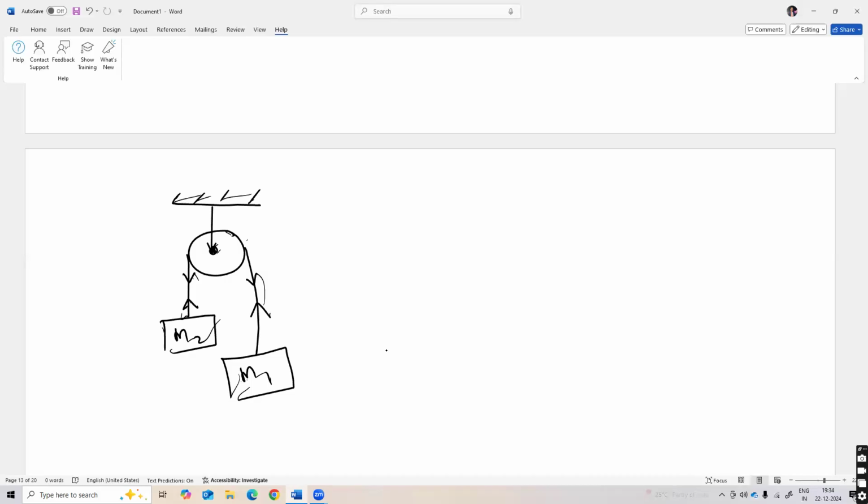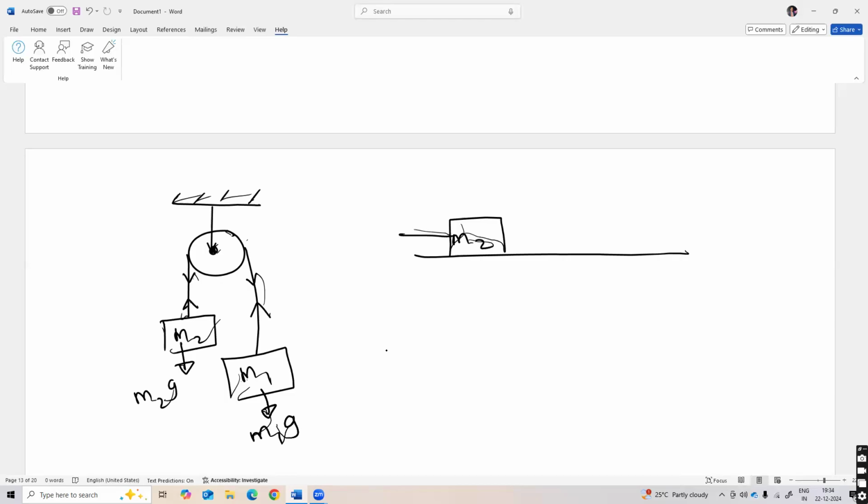And we know that the weight of this is acting downwards. This was M2G, the weight of this was acting downwards, M1G. So this was a single pulley system with two masses, so you can directly make it horizontal. Okay, and now let's see, this is M2 and there is a force acting towards left, that is M2G. Then there is a string which is having tension T, and then there is M1 here and force of M1G acting towards right. So we can simplify this problem as I have shown.